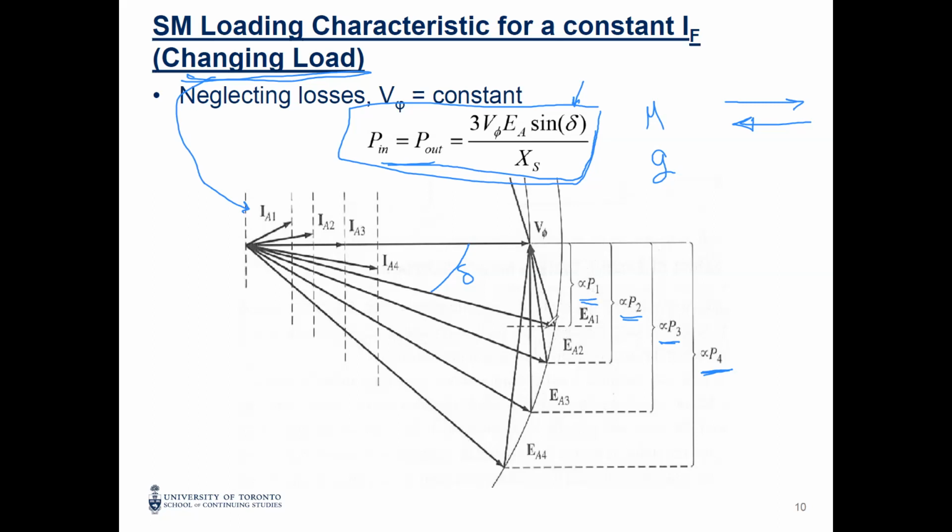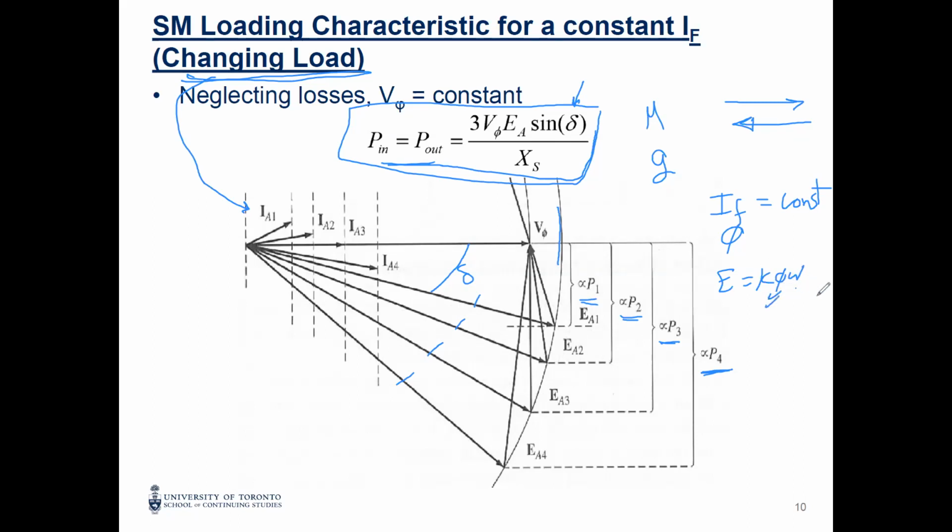Can you see that E is always constant? It's on this circle. The value of E is always constant because the field current I_F is constant, so the flux is constant, then E is constant because E equals K phi omega.